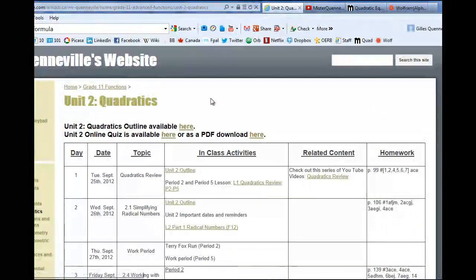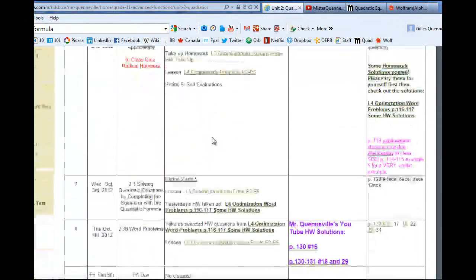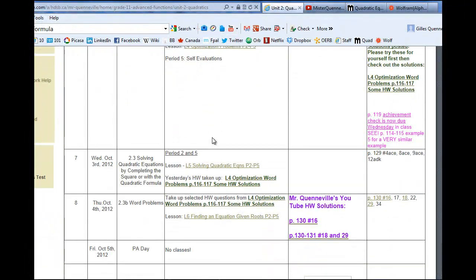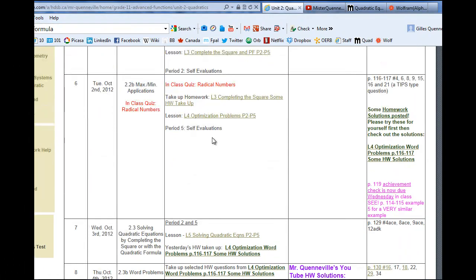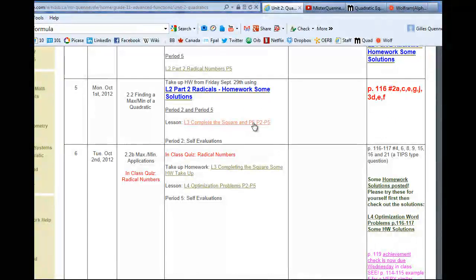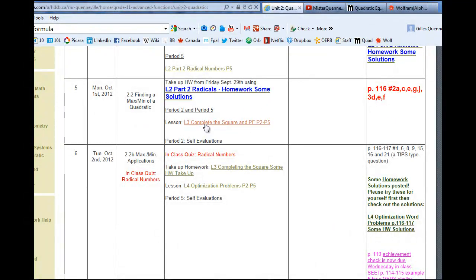So Unit 2, Quadratics, and we had a full lesson on that, and it's right here. Lesson 3, completing the square and partial factoring. It was on Monday, October 1st. So this lesson is available for you by clicking here if you need to review this.